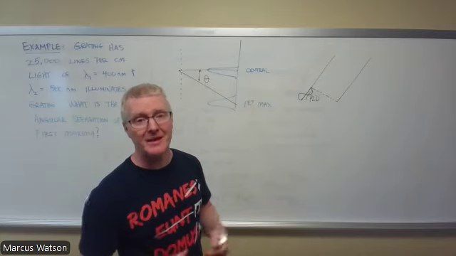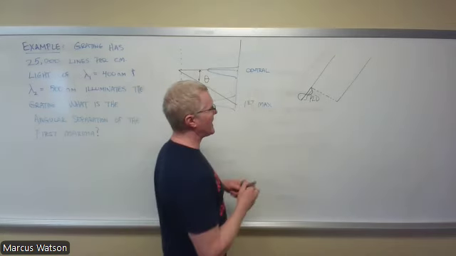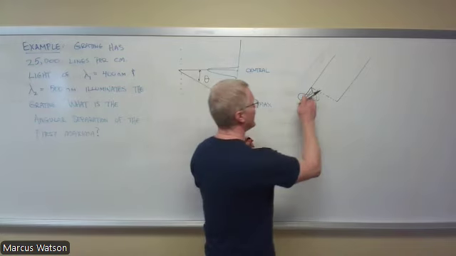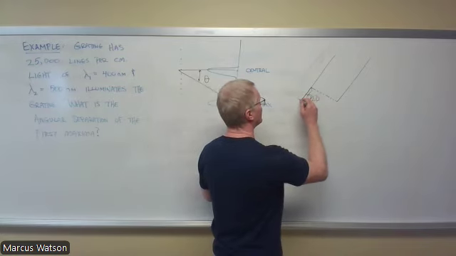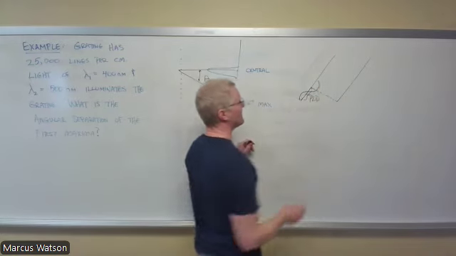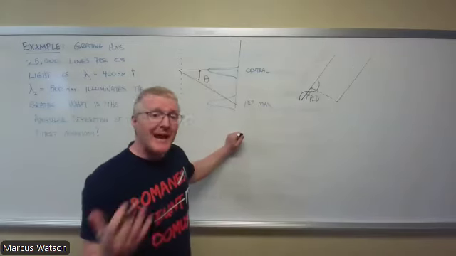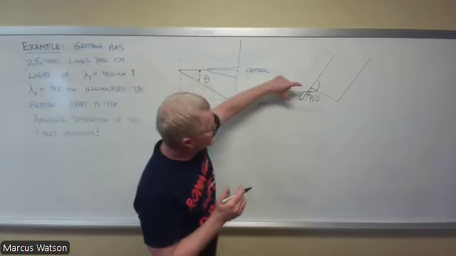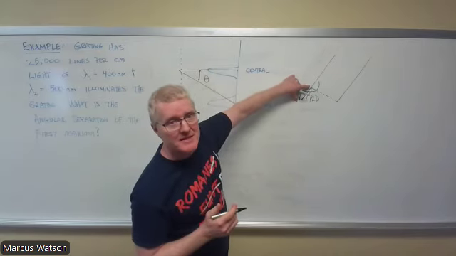Now I'm going to lengthen the wavelength. So now my wavelength doesn't fit in here. What happens now if my wavelength looks like this? I still want construction, so what I have to do is increase this distance. How do I do that?